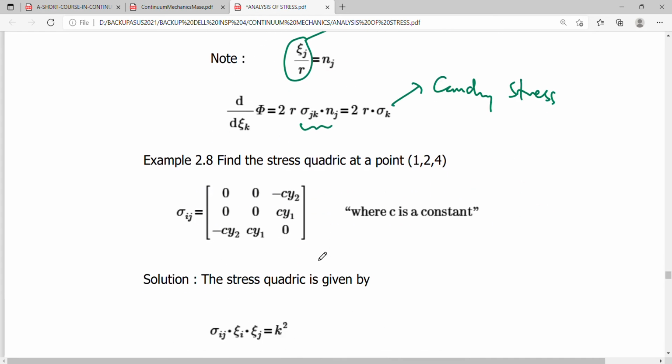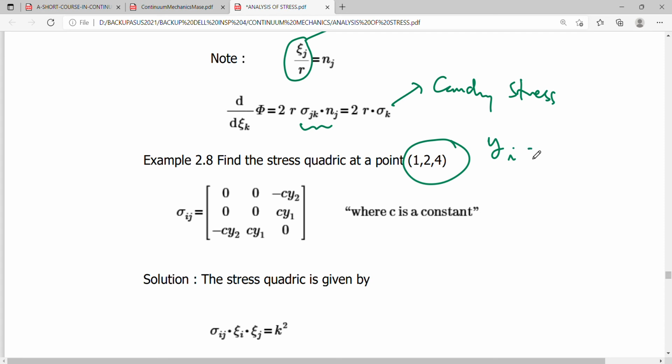So to highlight the use of property 1 first, we ought to solve this example 2.8, whereas to find the stress quadric at point 1, 2, 4, with the sigma ij tensor given in terms of these values and c is a constant. Your 1, 2, 4 here represents your vector of position in the y-axis.